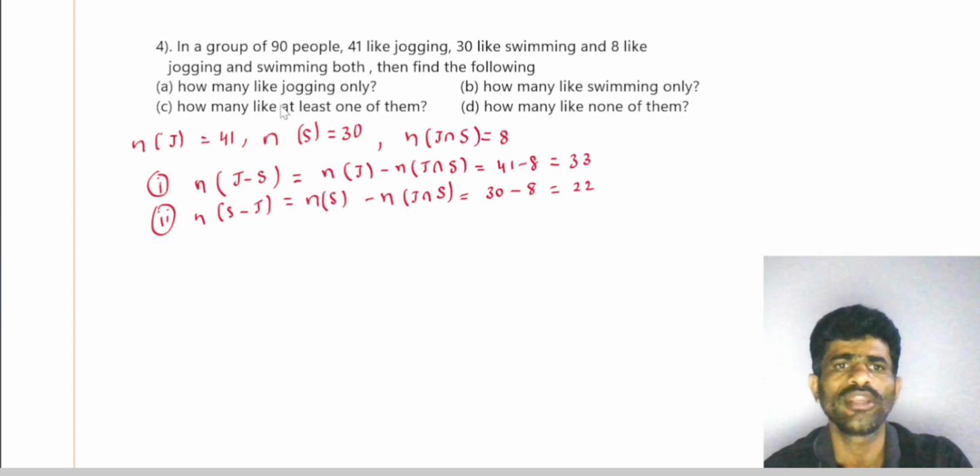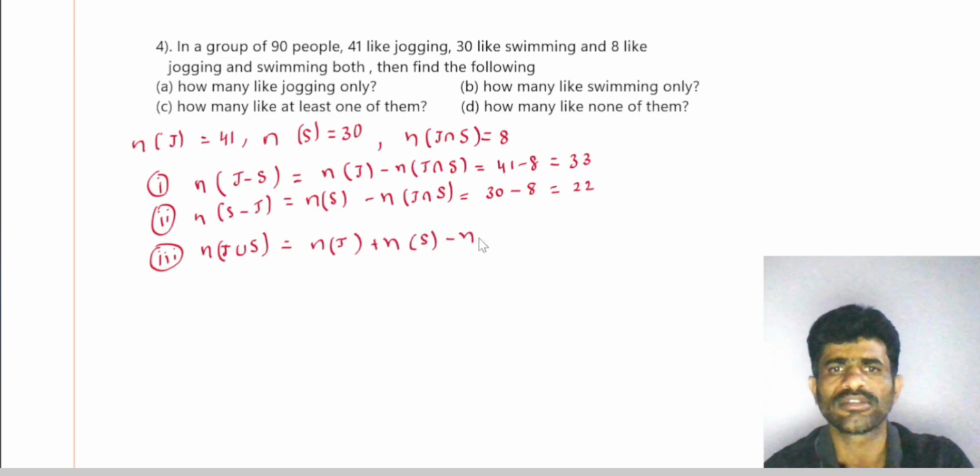And the third one, how many like at least one of them? That means we have to find n(J union S). This formula we already know, that is n(J) plus n(S) minus n(J intersection S).